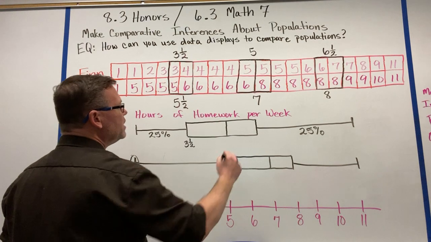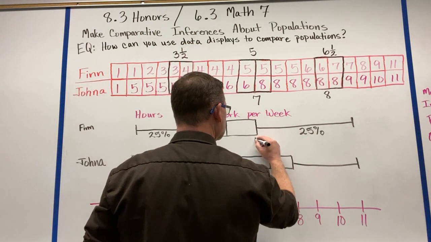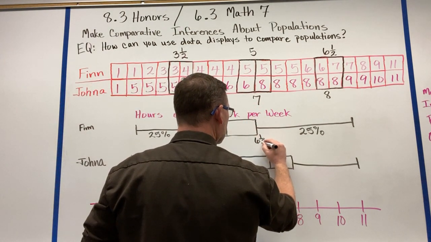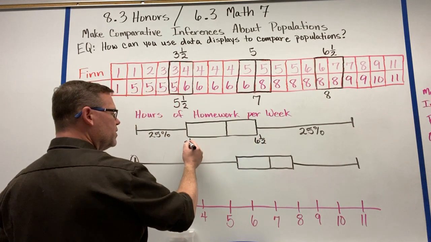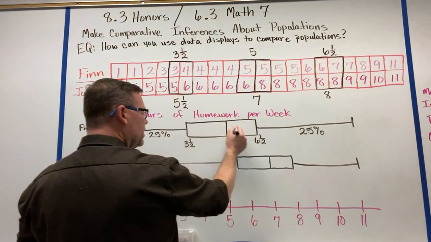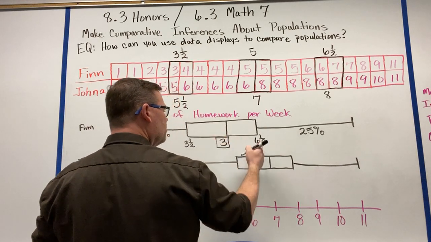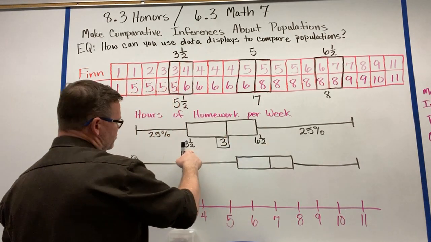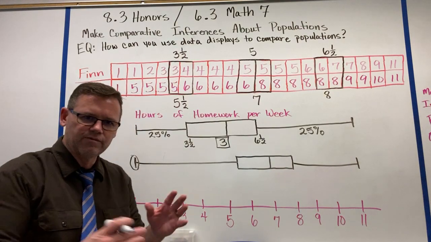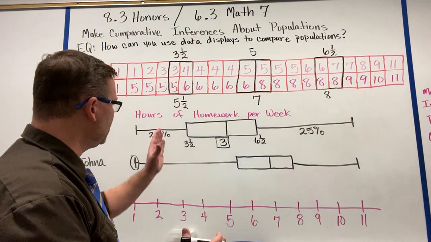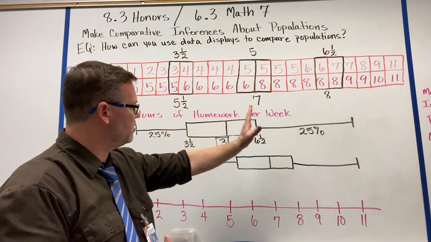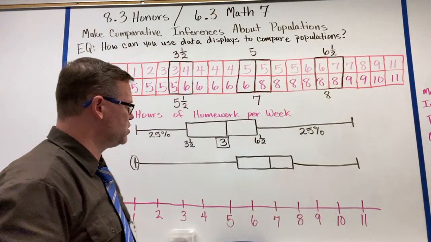The top is at 6.5 hours. That means the variability here is 3. 6.5 minus 3.5 is 3. That's our variability for the middle 50% of the population.